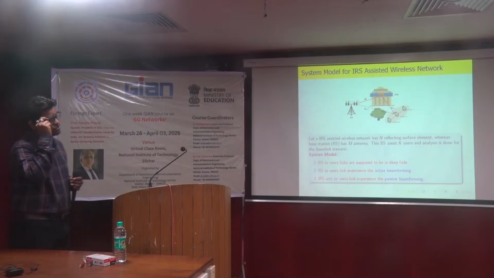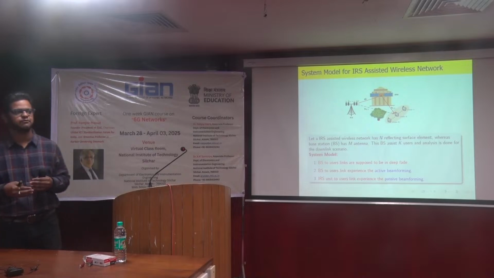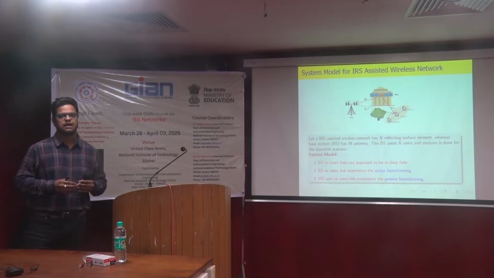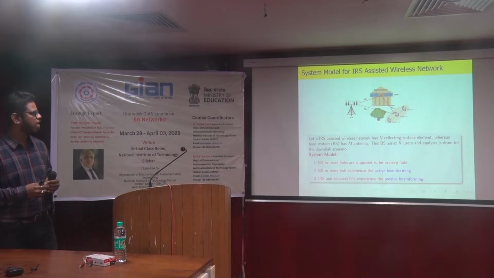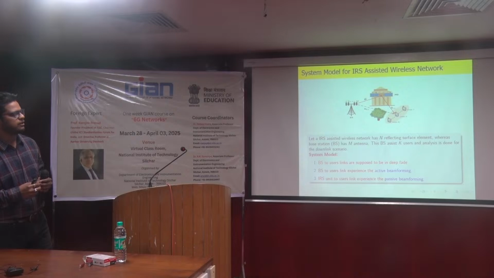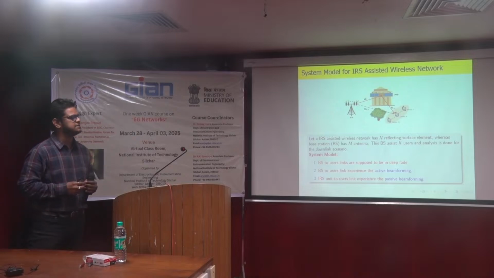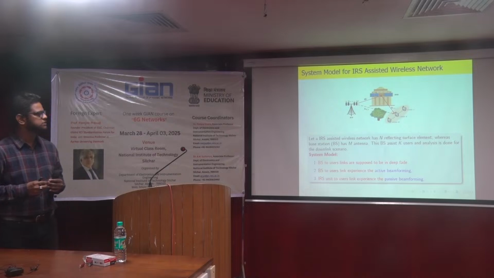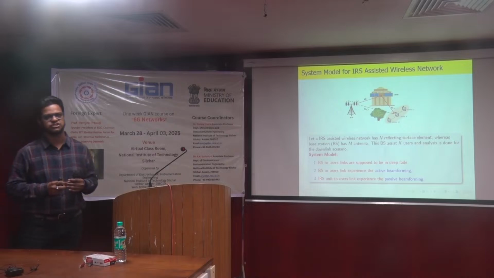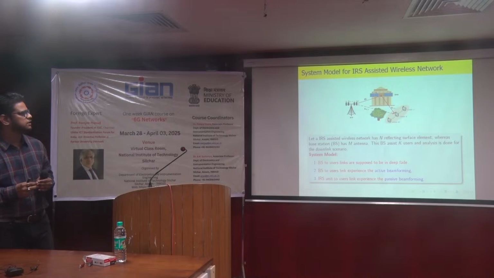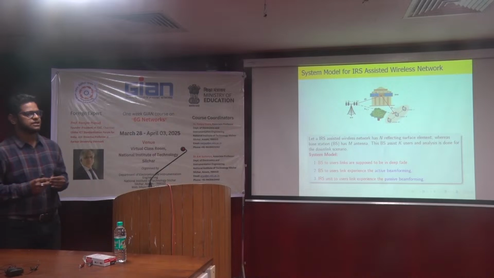Then to illustrate the operation, a simple scenario of an IRS assisted wireless network is shown in the figure, where we can see that the base station has m antennas, and we have the IRS with n elements, and there are k users to be assisted by the base station, and the link between the base station and the user is very shadowed or very faded.